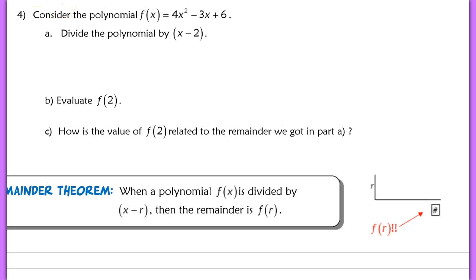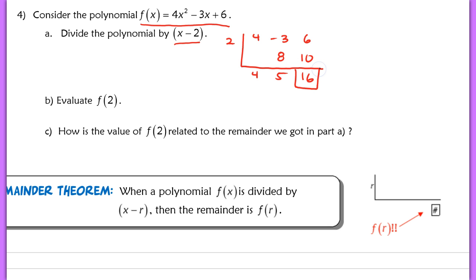Alright, now in question 4 here, we're asked to take this polynomial and divide it by x minus 2. Now I know I can use synthetic division here because I have a linear binomial, so I'm going to pause the video and use synthetic division here to divide that polynomial. Now in this case I end up with a remainder of 16.